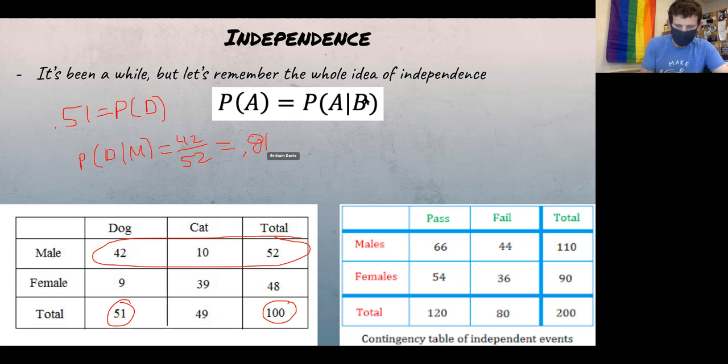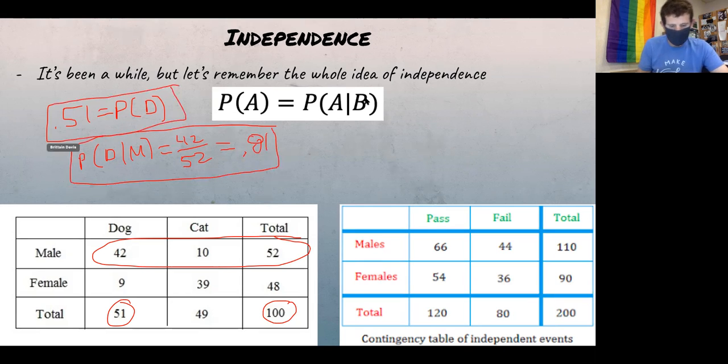So what we can say is that these are not independent. Knowing that someone is a male, according to this data, is going to give you a pretty big hint of which animal that person will prefer. But if it was independent, then knowing male or female wouldn't give you any kind of extra clue.